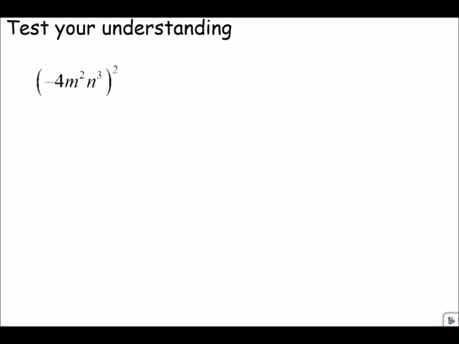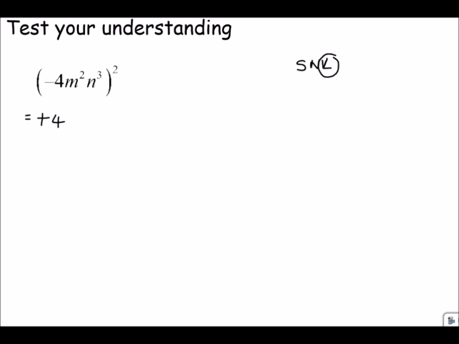Let's do the test your understanding. Right, this bracket is being squared. So the first thing, remember, signs, numbers, variables, or letters. These two mean the same thing, so that's why I've joined them. So we're going to say a negative to an even power is positive. You see how you have to know your laws of exponents. I'm going to say 4.